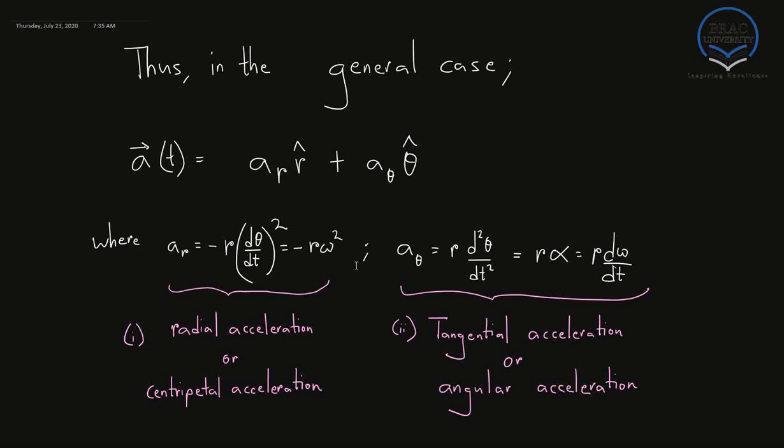Remember that in the general case omega changes with time, so we do still have this radial component, which we call the radial acceleration or the centripetal acceleration. You always need centripetal acceleration to have circular motion, right? So let's write that down. Always need this for circular motion.